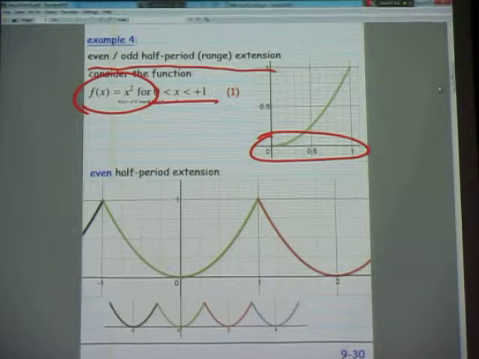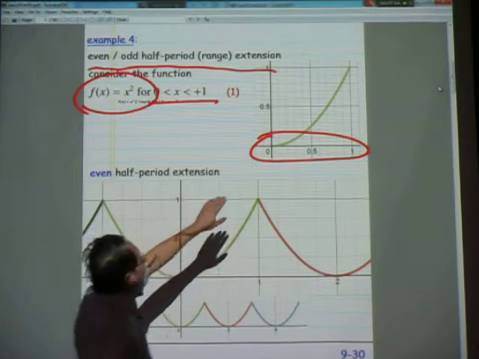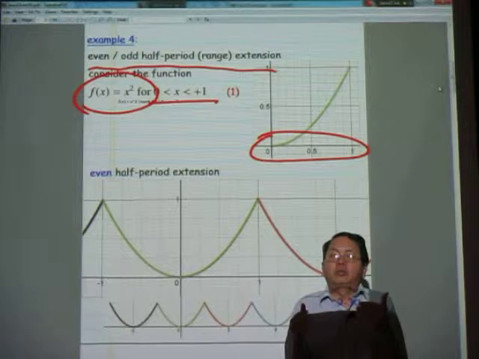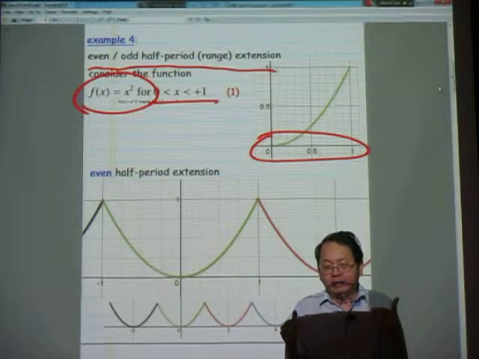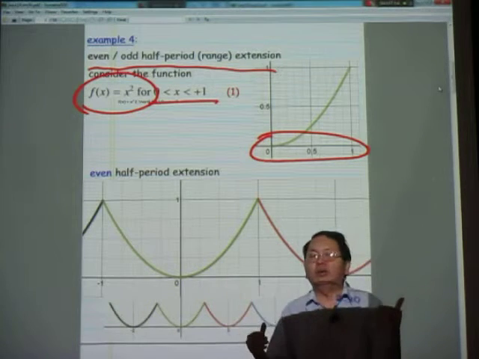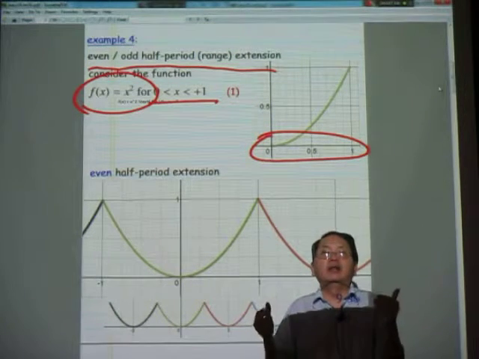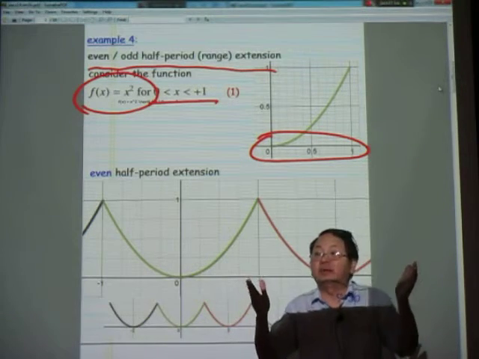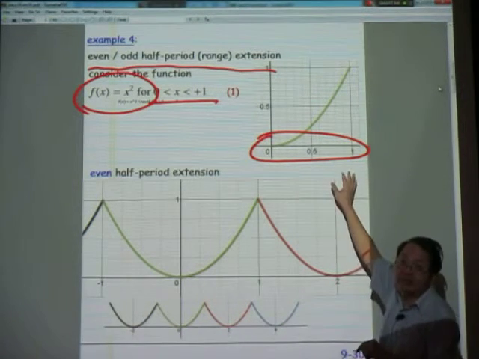This is the function that you are given, and usually in practice, when you work in industry or in any practical work, you would be given only a function over a finite interval.